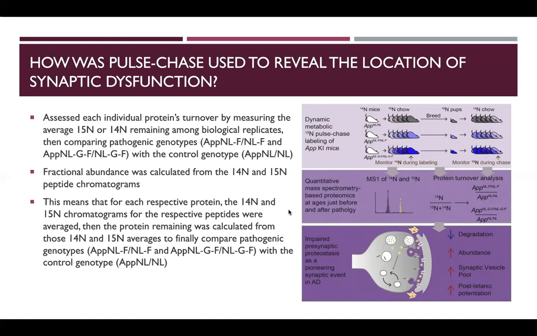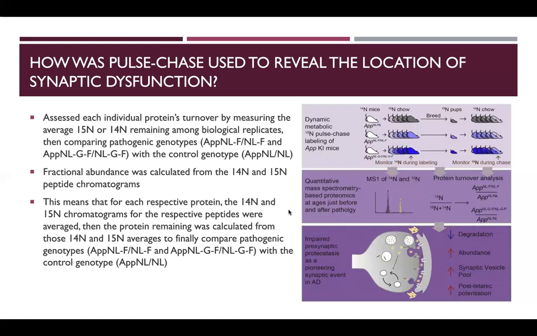And to determine the places where protein turnover was being hampered in the cell, they used mass spectrometry and computer programs to calculate fractional abundance of nitrogen-14 and nitrogen-15 peptides.